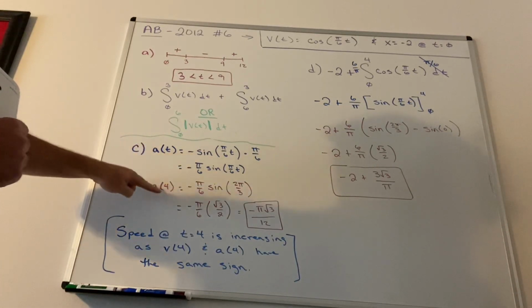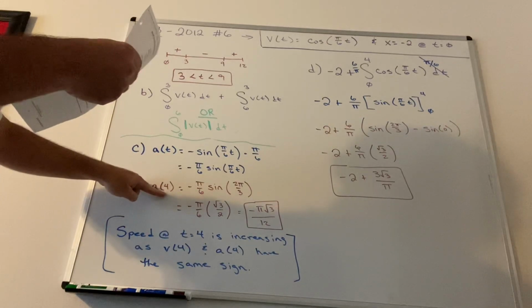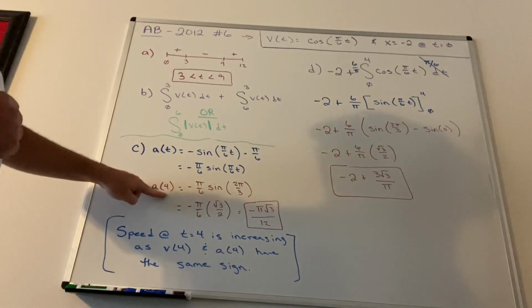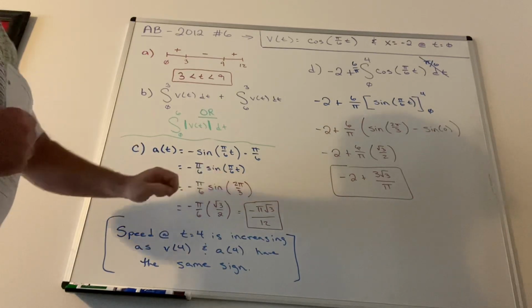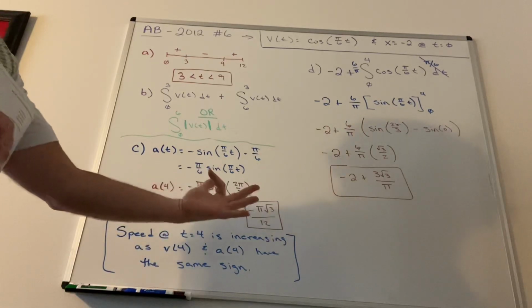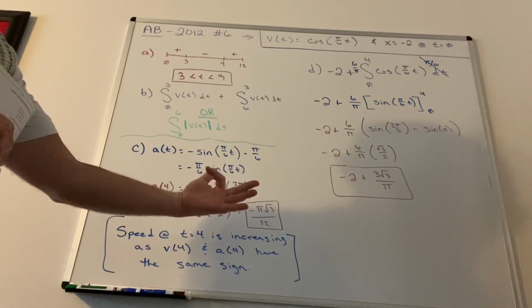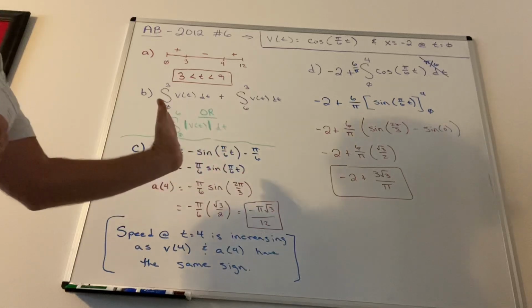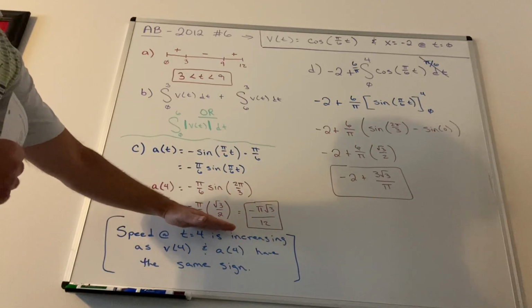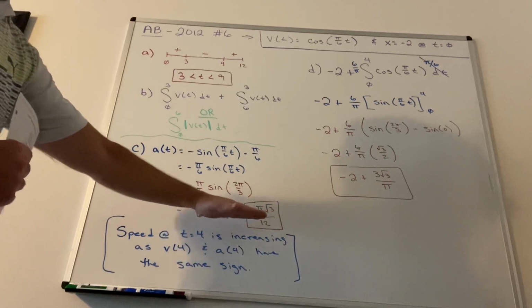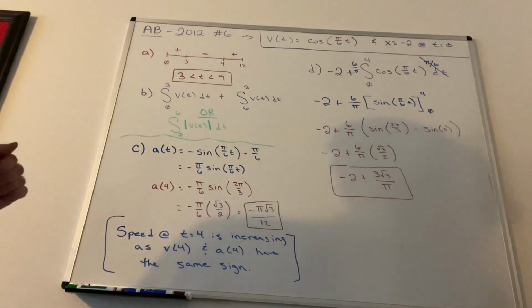If I plug a 4 in for t, because it asks for the acceleration at time 4, I get the sine of 2 pi over 3. The sine of pi over 3 is root 3 over 2, and 2 pi over 3 has that same sine value. Then I just multiplied top times top and bottom times bottom.